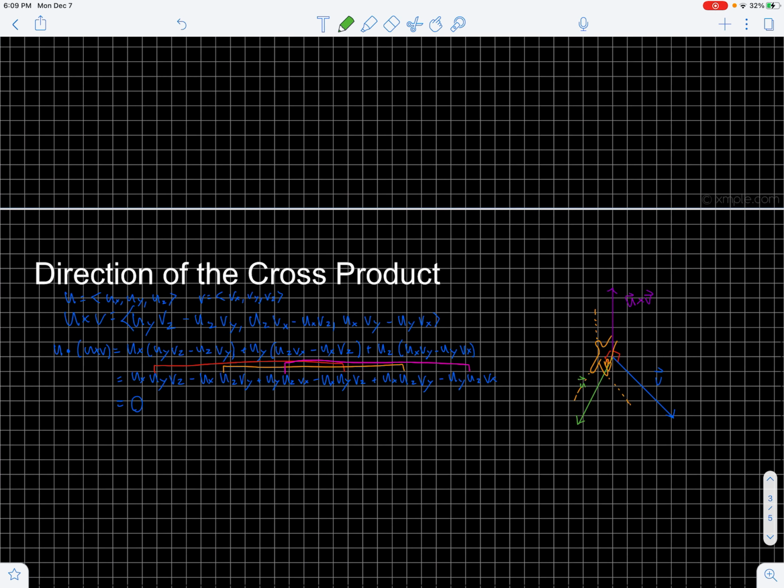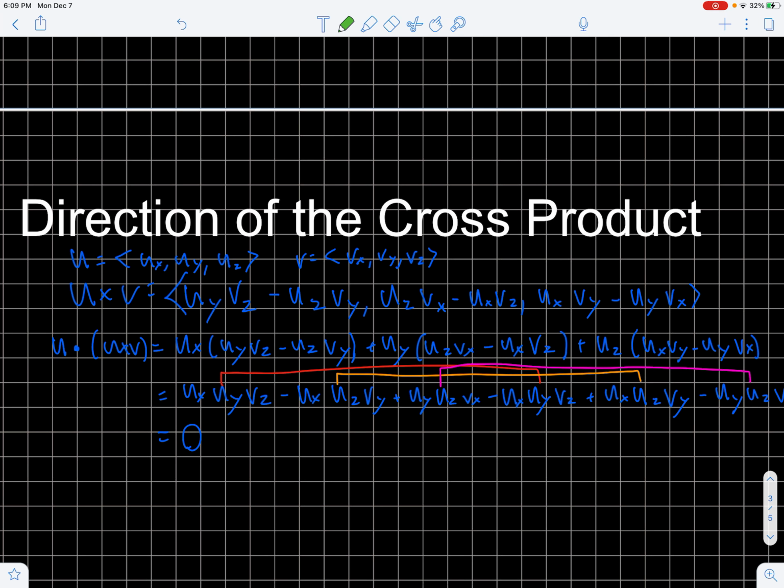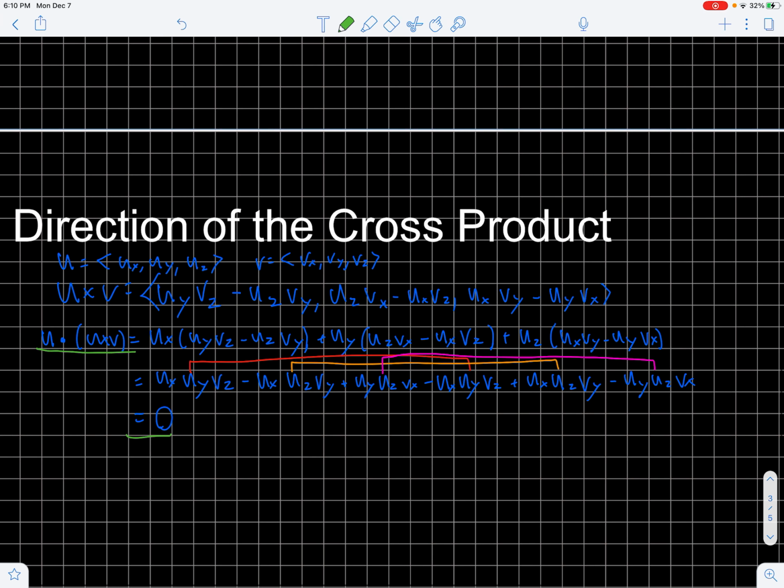All right. So there are some things that we automatically know about the direction of the cross product. Here we have U cross V equals that really long formula that I gave you guys. And here's a proof that U dot U cross V is equal to 0.